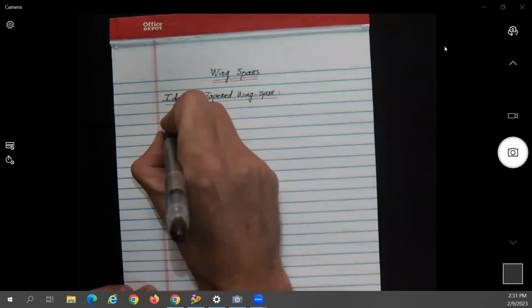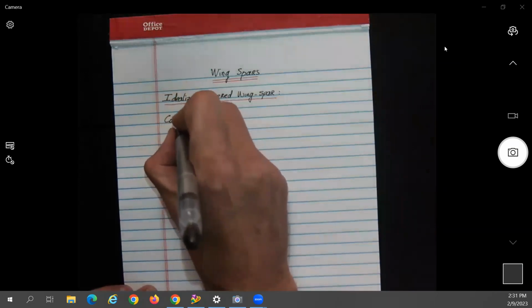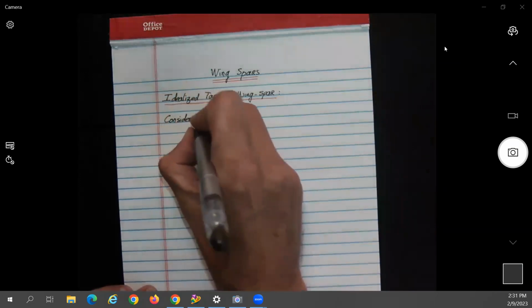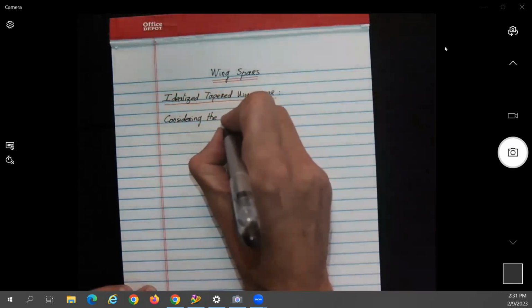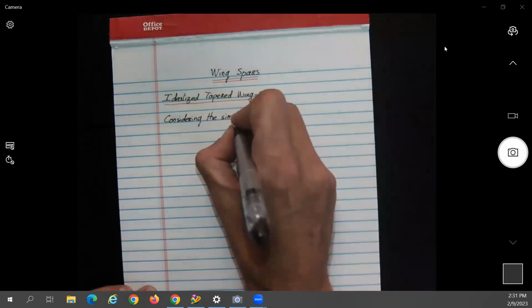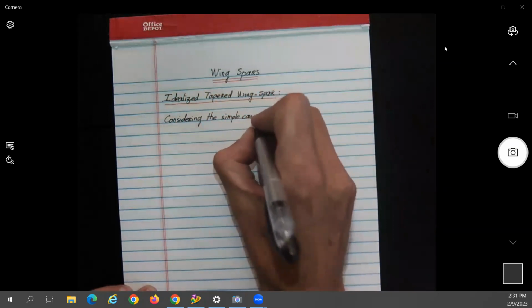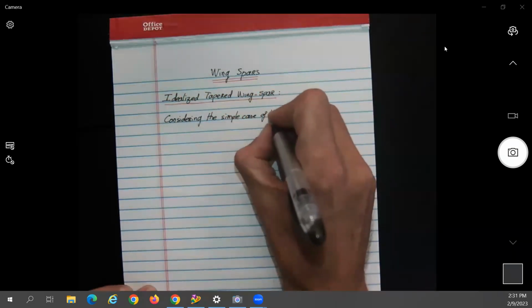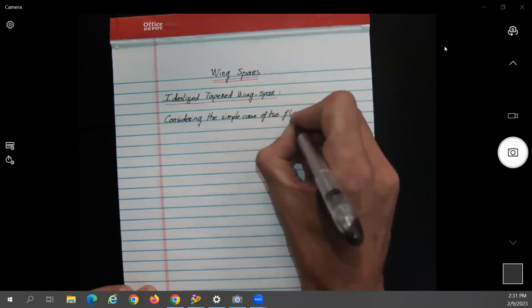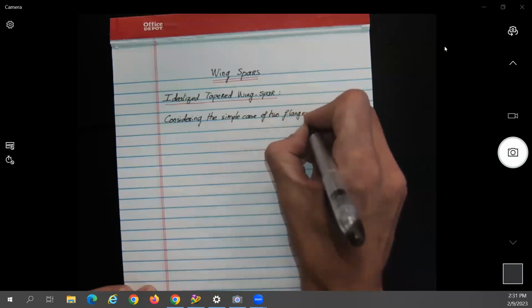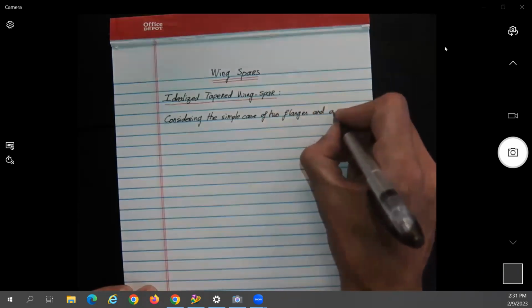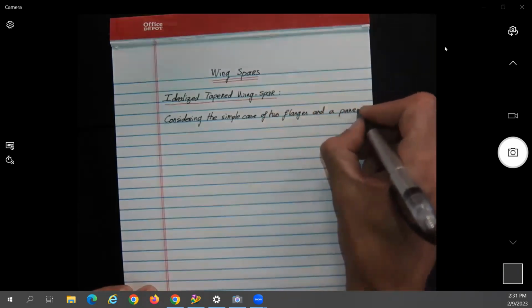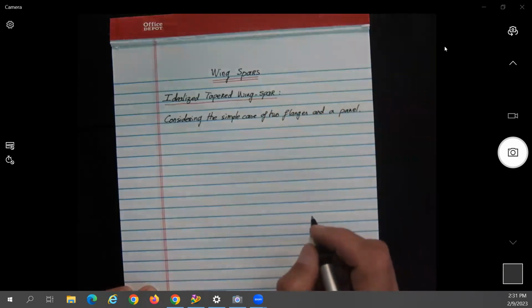So let's say considering the simple case of two flanges and a panel.